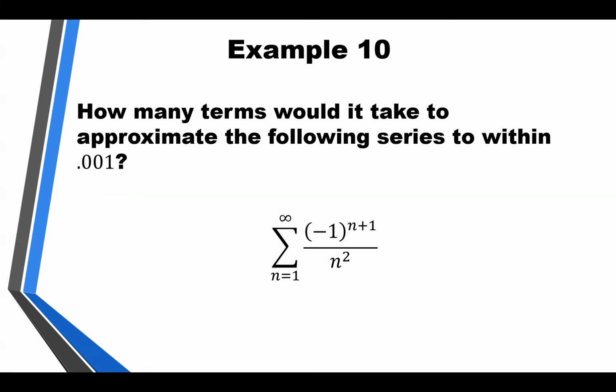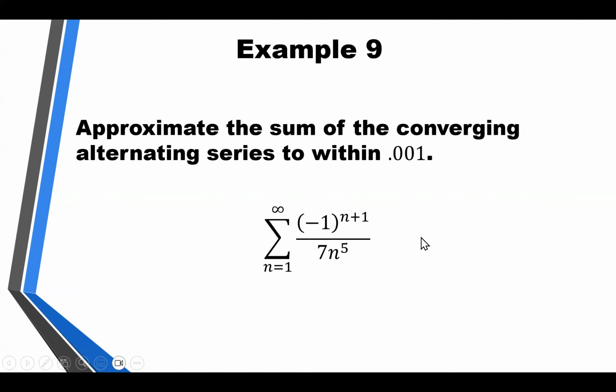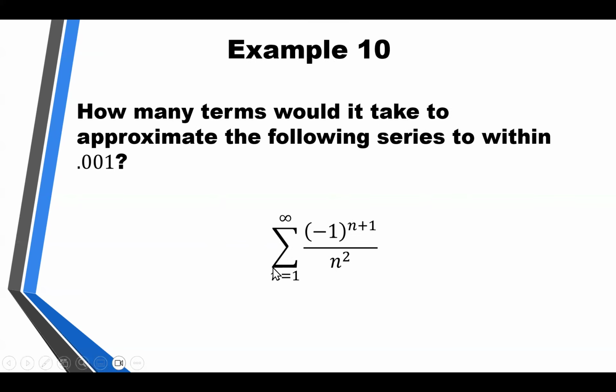It would be different. It would definitely not be within 2 terms like it was here. But we could figure that out by this alternating series remainder theorem and the concept of the first neglected term.